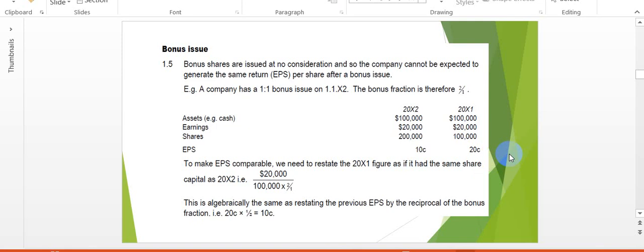To do that, we multiply the earnings divided by the number of shares, which we also multiply by the bonus fraction of 2/1.